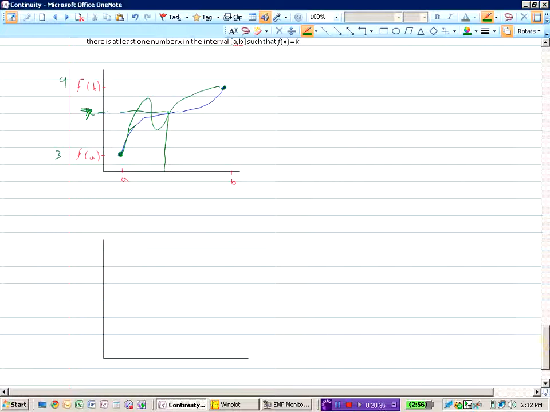Let's say we had a situation like this. Let's say at this point right here, we have an x value of 2, and let's say the y value is right up here at, let's just call this 1, 2, 3. And let's say over here, there's an x value of 5, and let's say there's a y value down here of minus 1. So we have a point right here. So this is the point 2, 3, and this is the point 5, minus 1.